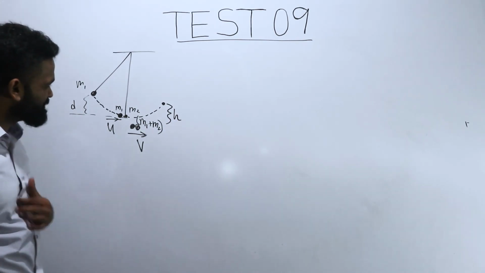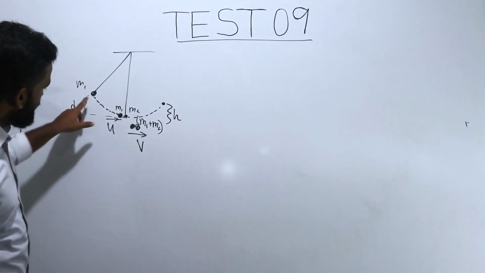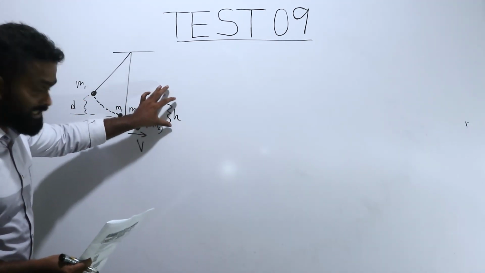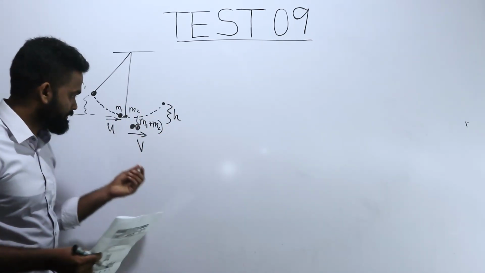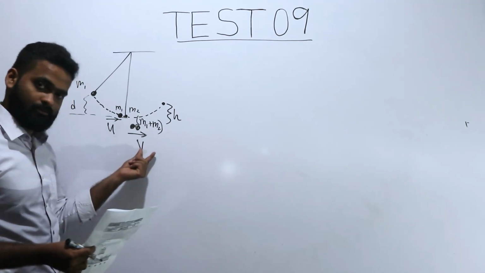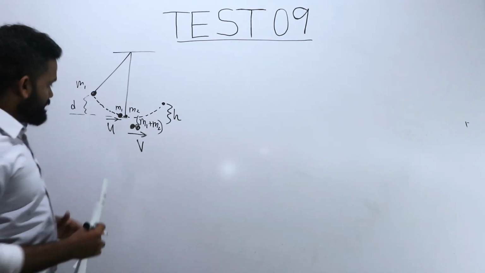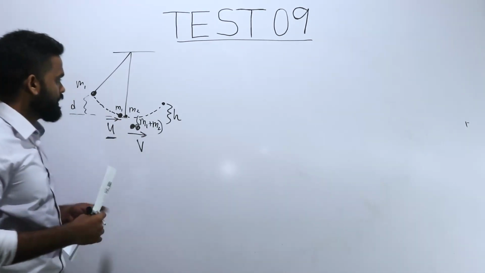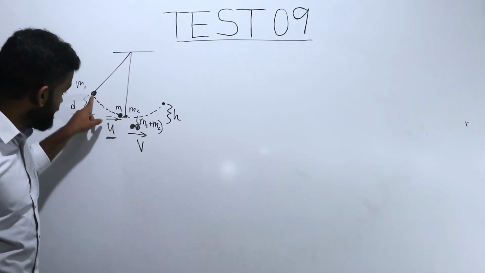Okay. First, you have to calculate this h in terms of m1, m2 and d, right? So I have to get rid of these terms. First, you have to get an expression for u. For that, you can apply energy conservation from here to here.